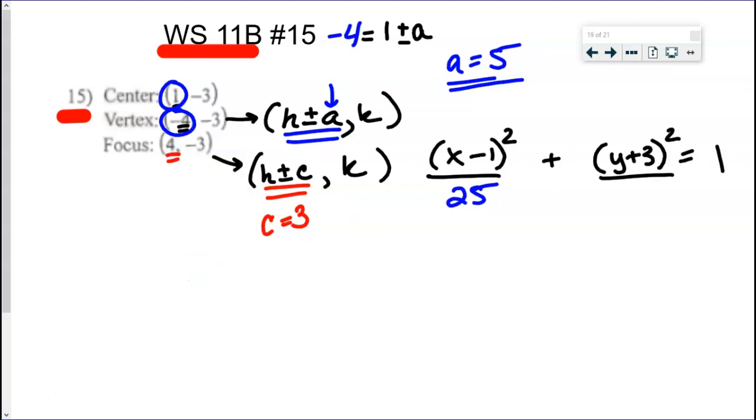So here's why we need that clue. C is not actually a portion of the formula, but you can calculate a or b based on the other guys plus c. So for an ellipse, c squared equals a squared minus b squared. So let's throw that information in. We got 9, c squared, equals a squared, which is 25.